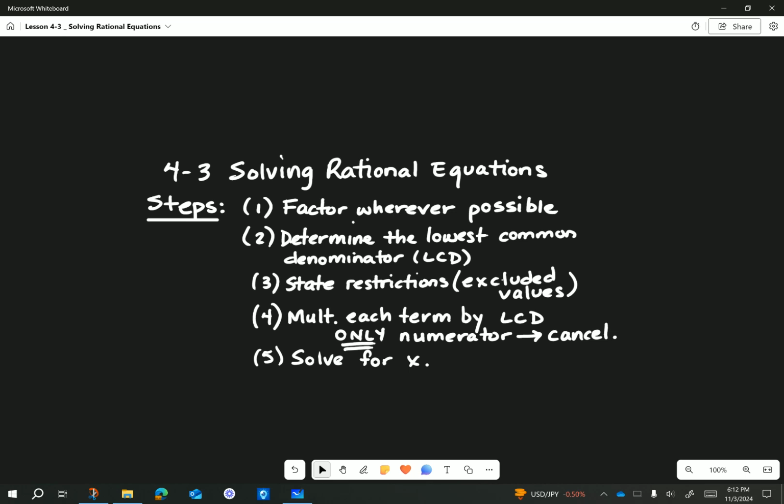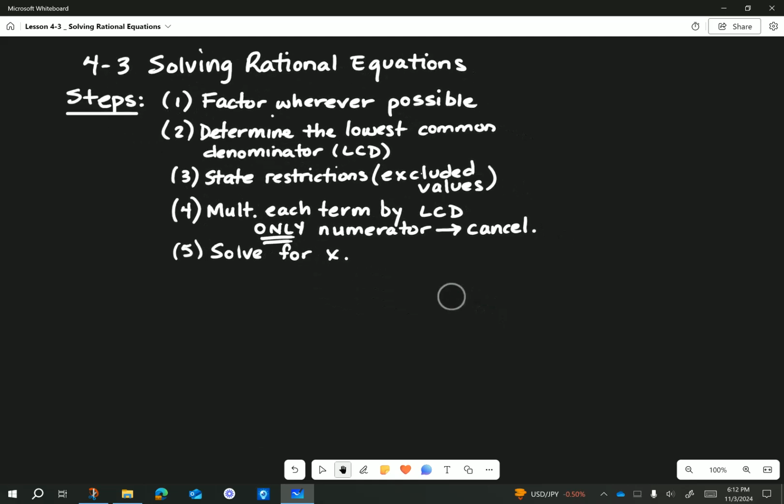In other words, reduce to 1. And lastly, in so doing, steps 1 through 4, it will lead you to our goal of solving for x. So, example number 1, let's start with that.